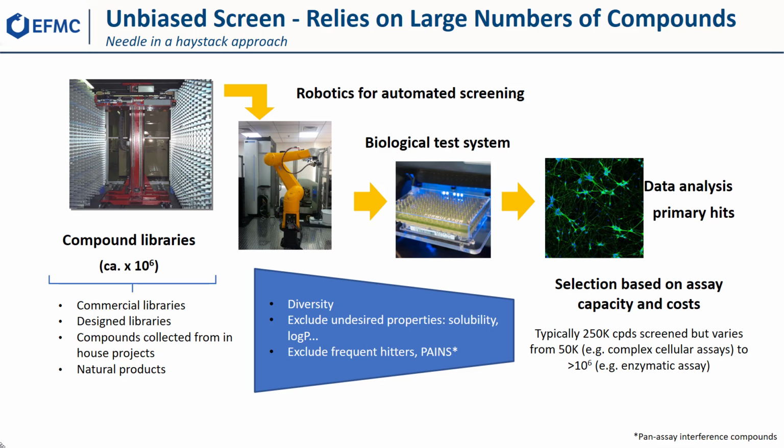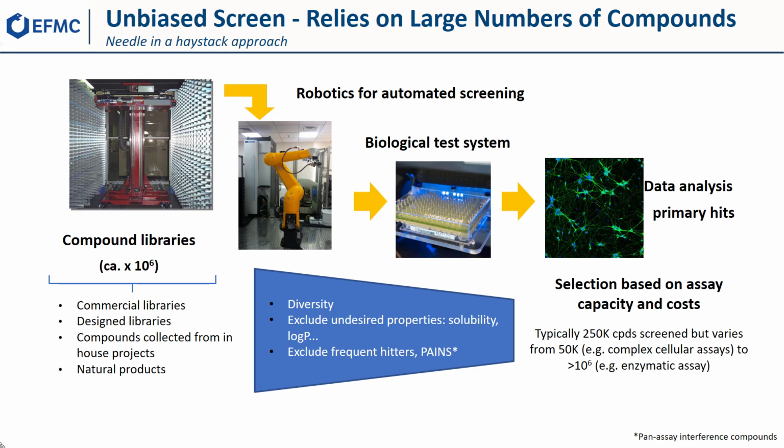Now, the selection of the compounds you will screen is based on the assay capacity and costs. Typically, you would screen about 250,000 compounds, but it may vary a lot, going from 50,000 for complex cellular assays to several millions if we talk about simple enzymatic assays, for example.